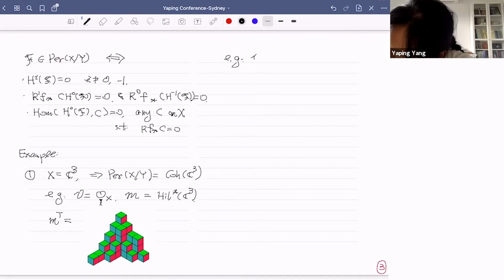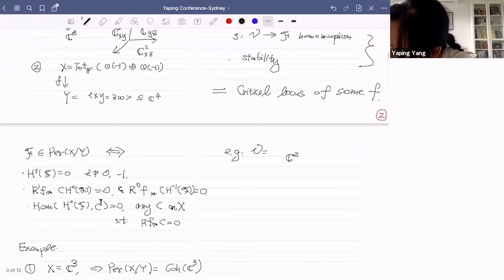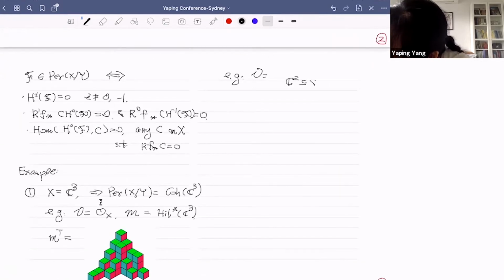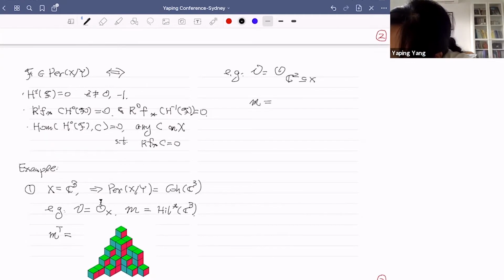And also if I take my V to be, if I fix a divisor to be C2, so I have 3 toric divisors in this example. So I'm fixing one of them in X. If I look at the structure sheaf on this C2, my moduli, as an example, could be the Hilbert scheme of points on C2.